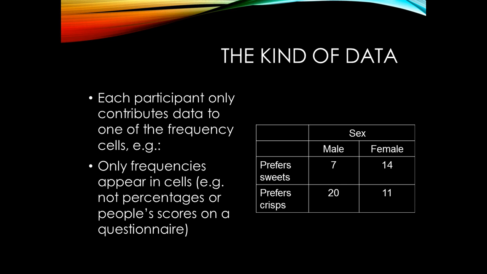So it's not a percentage, what percentage of men like sweets, what percentage of women like sweets. This is simply 7 men, 14 women. We're not looking at how that forms a percentage of a much larger group. We're just looking at frequencies, how many people ticked this box, how many people ticked that box. Okay. So far, hopefully so good. So that's the sort of data we are going to be using as we go ahead.